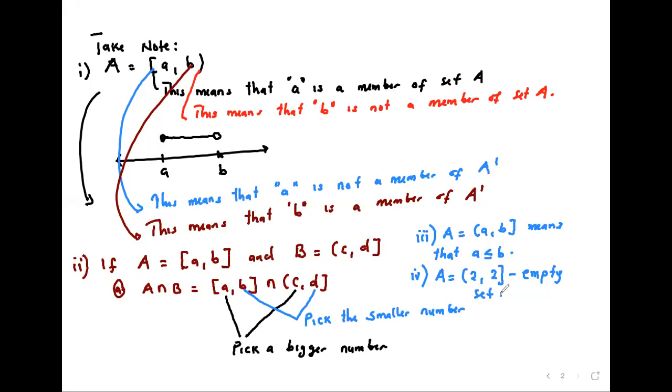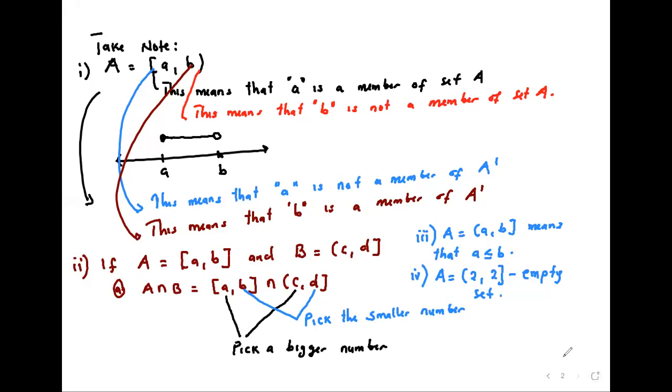So here I was trying to explain the meaning of the brackets used, how you use them on the number line, and how they respond to the complement. And for intersection, how do you pick using the shortcut?